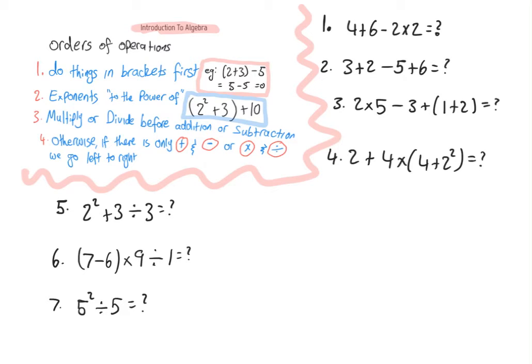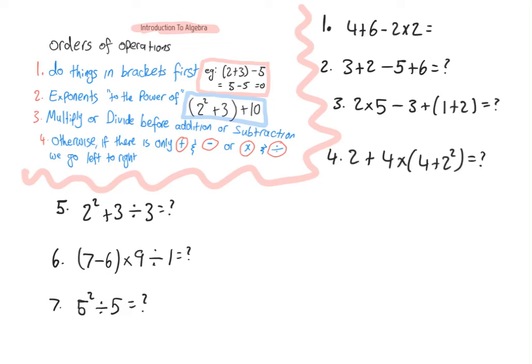Alright, so let's start with question number 1. We've got 4 plus 6 minus 2 times 2. And what does that equal? Do we have any brackets? No, so we can skip the first rule. Do we have any exponents?